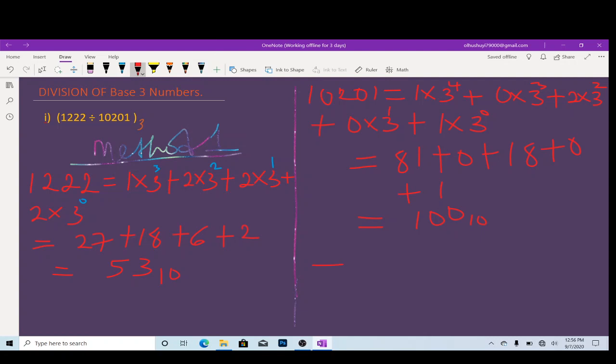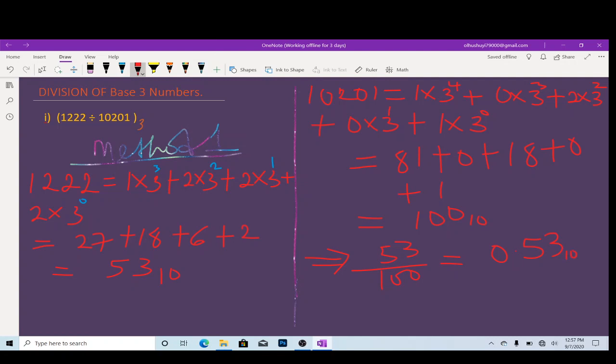That means we have 53 upon 100, and that is 0.53.